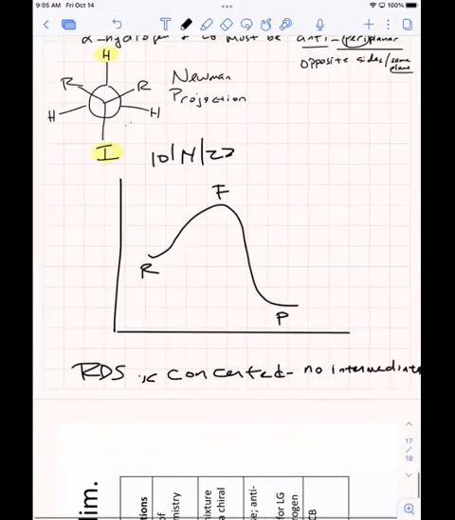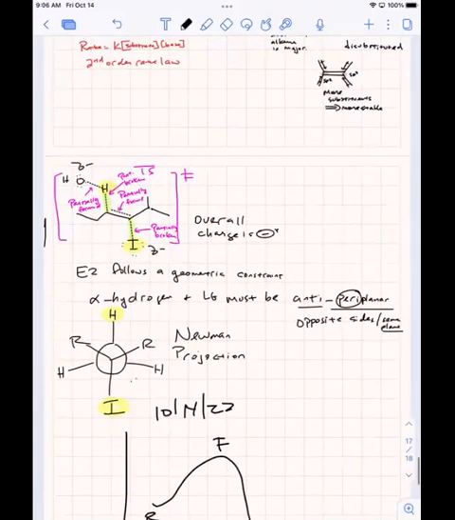So the E2 doesn't have any intermediates, and it goes reactant straight to the product. This is all concerted, and this is the rate determining step. Just like in the SN2, everything is happening simultaneously. It's the same thing for the E2.